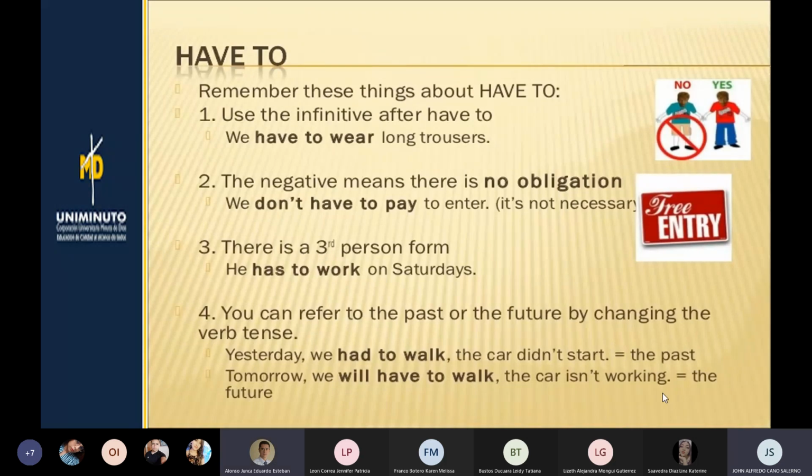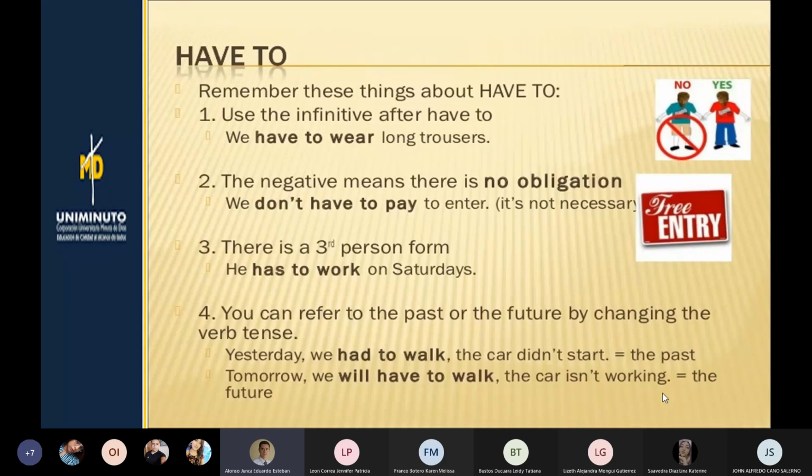Good morning, teacher. Good morning, Eduardo. Thank you. Have to. Remember this thing about have to. Use the infinitive after have to. We have to wear long trousers. The negative means there is no obligation. We don't have to pay to enter. It's not necessary. There is a third person: he has to work on Saturdays.